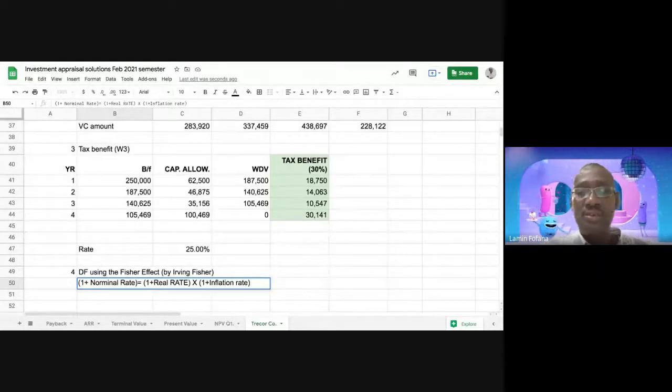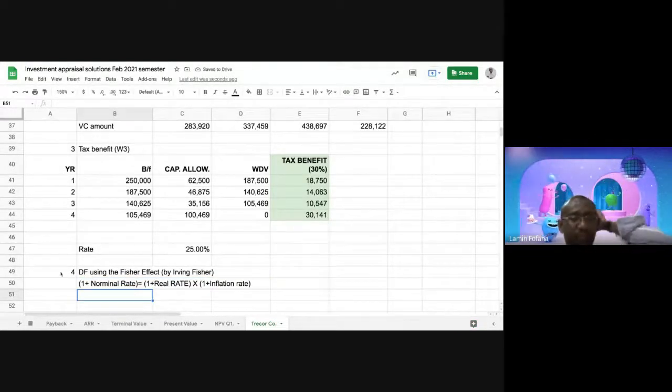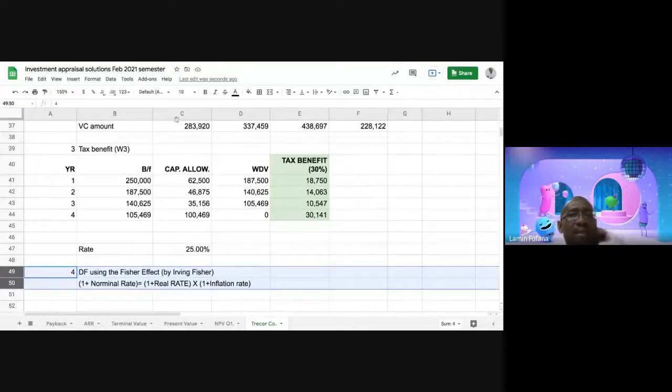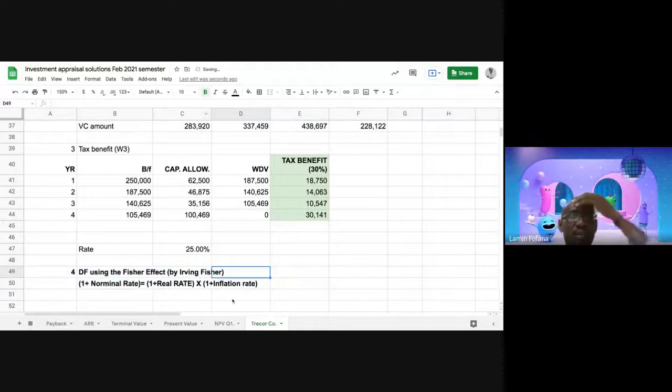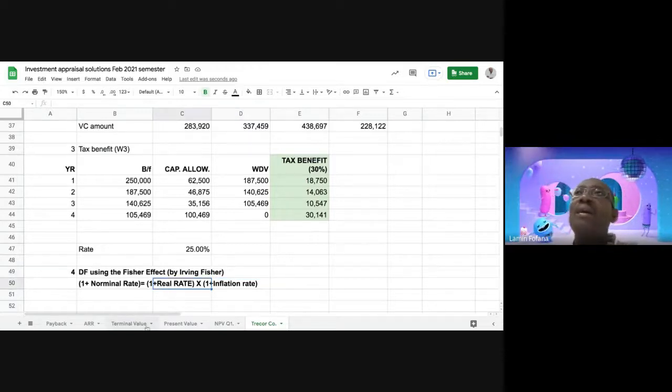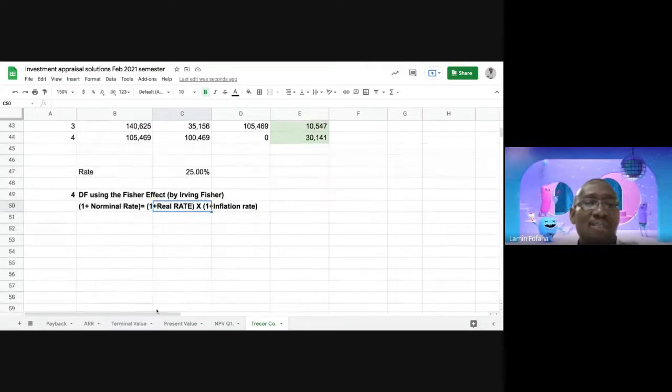This is the formula by Irving Fisher, which tells the relationship between nominal rate, real rate, and inflation rate. We should use this formula to calculate our nominal rate. Always take note, it's the nominal rate that is used to calculate our discount factor. So let's work this mathematically.